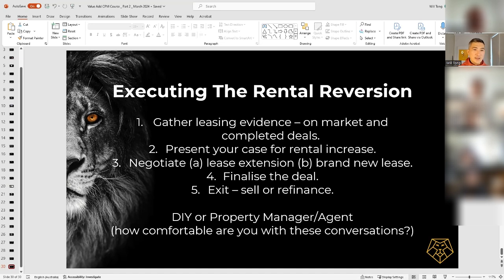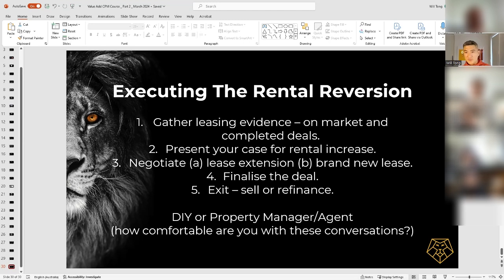And then point number 3 is, you have to decide or discuss, do you go into a brand new lease or do you just do a lease extension? In the case with Clubline, we did a brand new lease because the option period they had in the original lease was only 5 years, and we wanted them to do a 10-year lease.